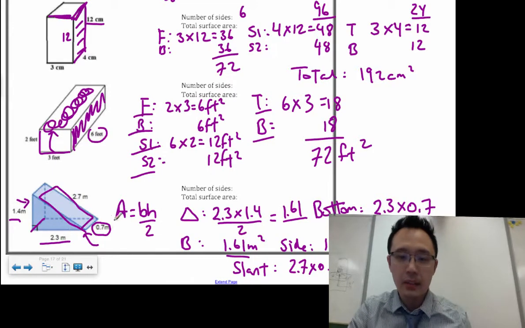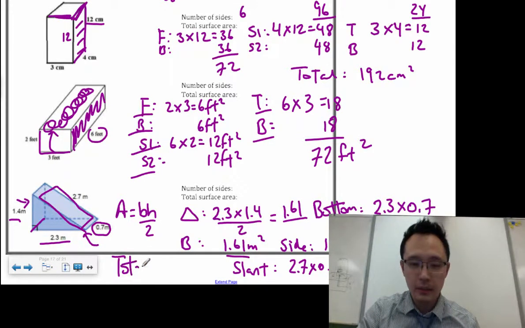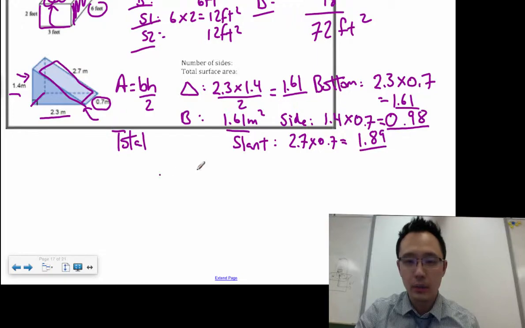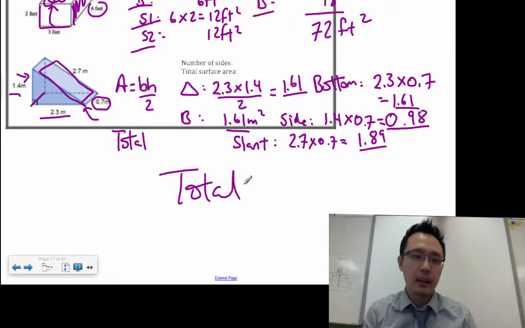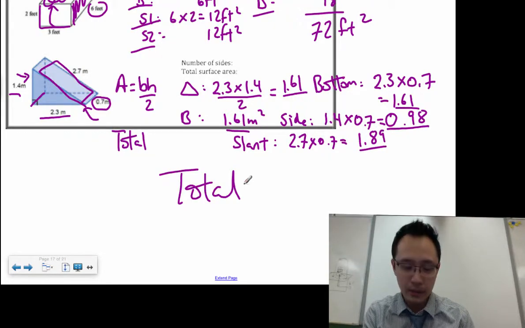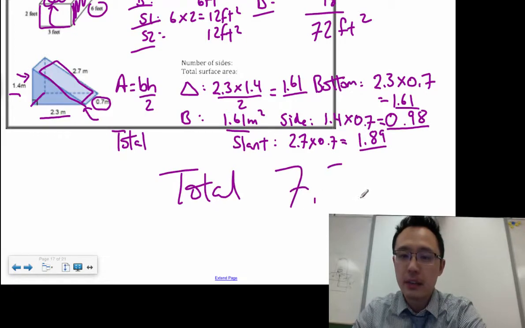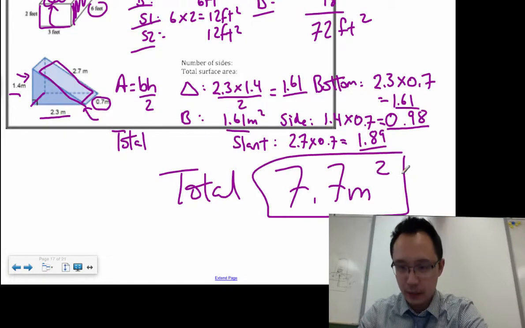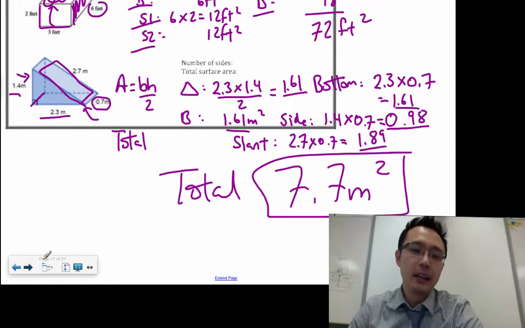So that's 5 sides. The total of this three-dimensional triangle is going to be 1.61 plus 1.61 plus 1.61 plus 0.98 plus 1.89. That gives you a grand total of 7.7 meters squared. So that's your surface area.